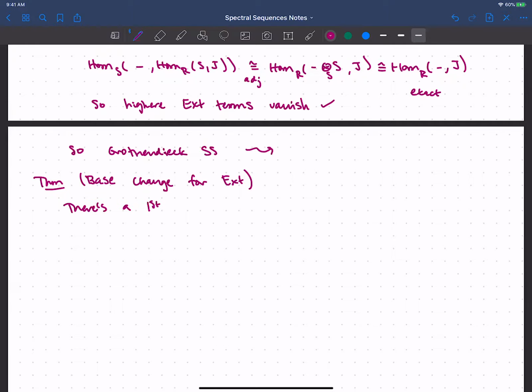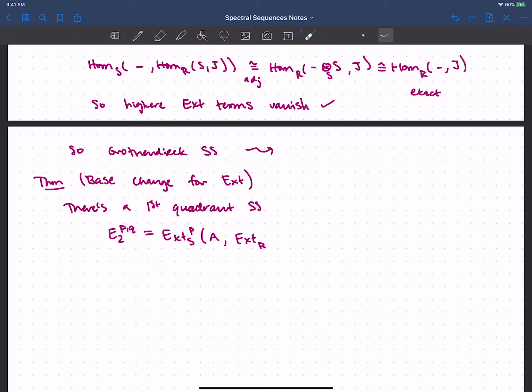Well, it says there's a first quadrant spectral sequence, the Grothendieck spectral sequence for these functors, and so just plugging that in here, that's E2^{p,q}, should be Ext over S, p, in dimension p, and then we take A, and here we have Ext over R.